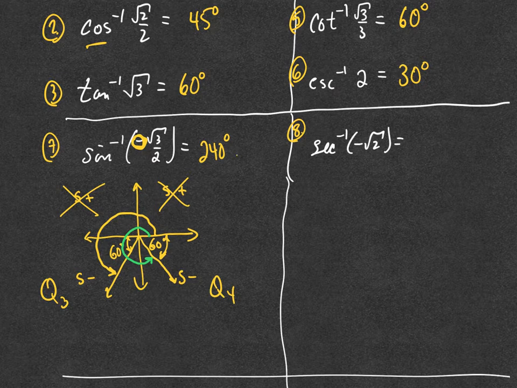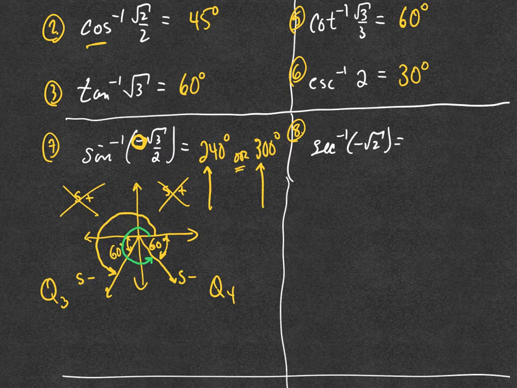But if Rachel would have said, I don't want to go in quadrant 3, I want to go in quadrant 4, what would be the standard position angle for a 60-degree reference in 4? The angle would be 300. In other words, here what you'd actually have is a choice. You don't need to give me both. You just need to make a choice and pick one or the other.